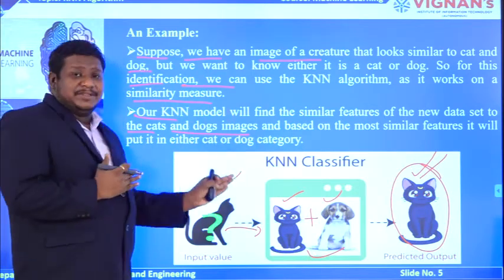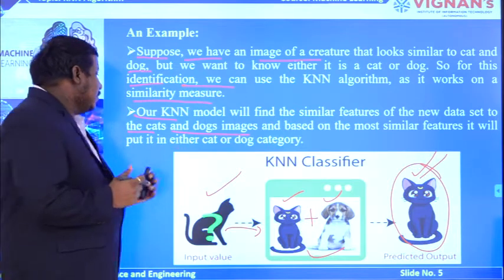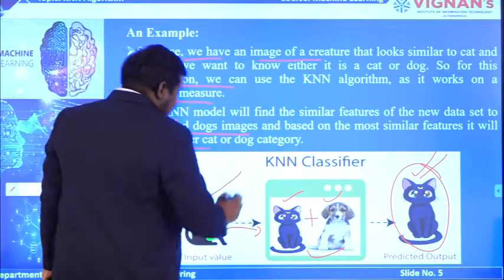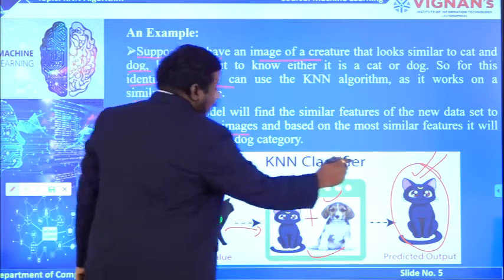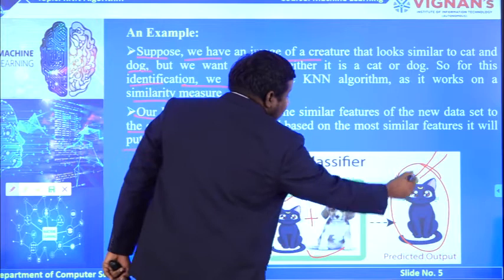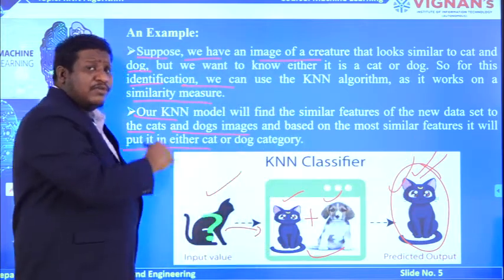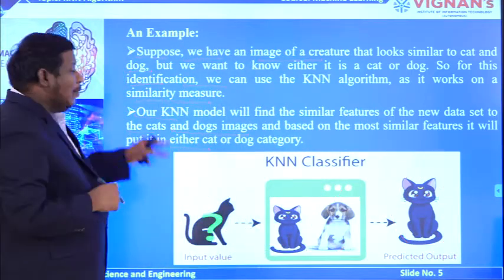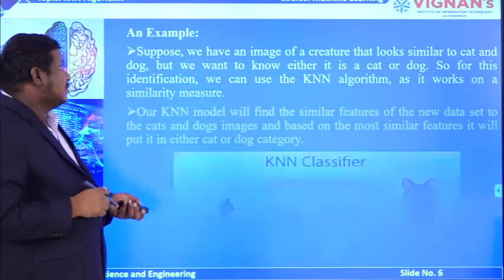So by analyzing this data, the input image is very similar to the cat from this database of cats and dogs, so we give cat as our output from this model. So this is an example of how a KNN algorithm works.